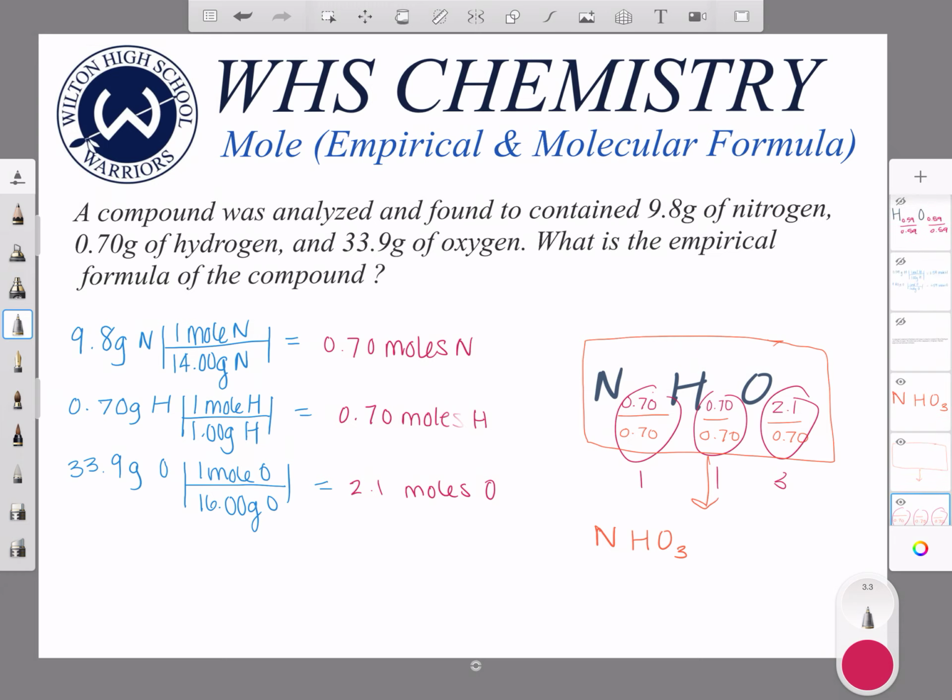And that is our empirical formula, which can also be written as HNO3.